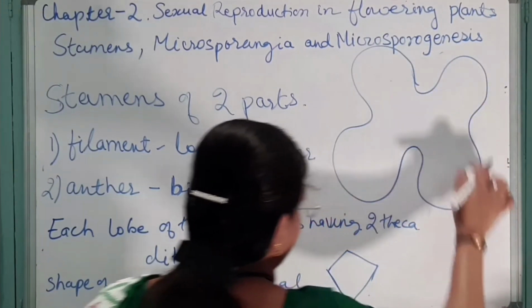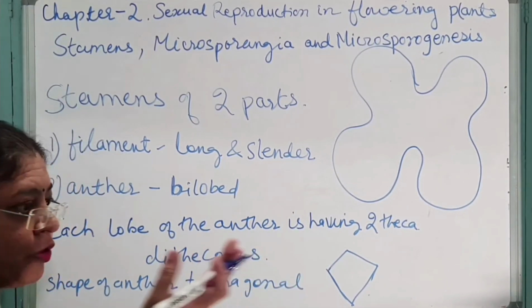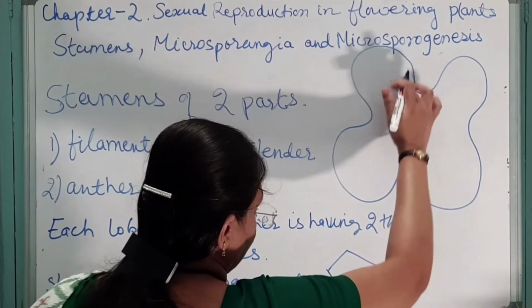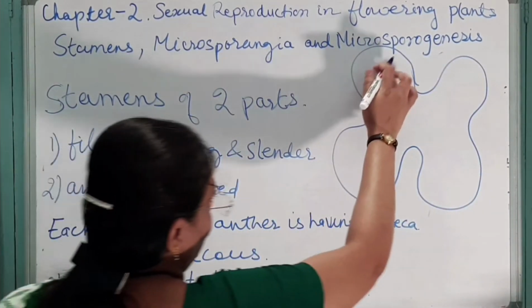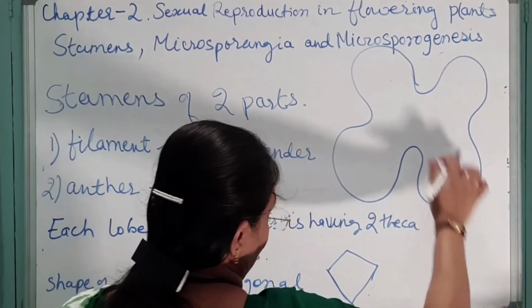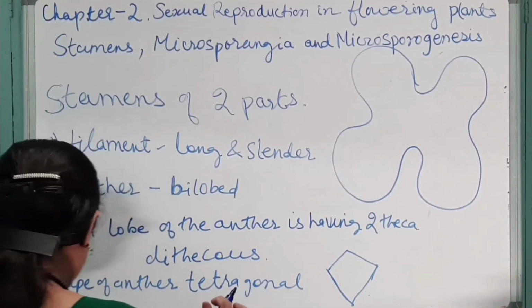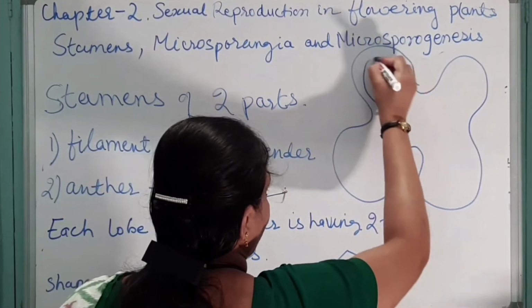So this is a tetragonal shape of a TS of anther. If you take a TS or transverse section of the anther, it looks like this. It looks like a tetragonal shape, and on four corners of this anther there are four microsporangia.